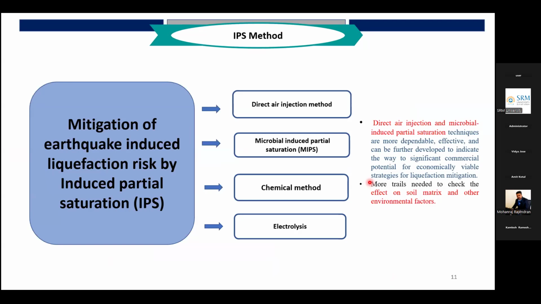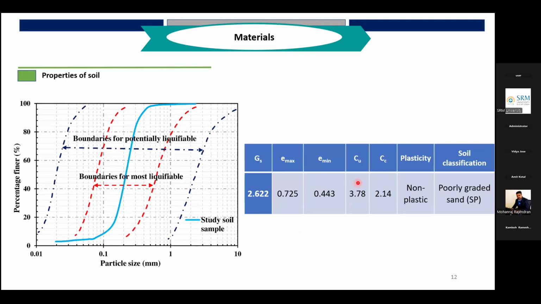Either you can do direct air injection, or microbial induced partial saturation, or you can use chemical methods to make air bubbles or gases inside the soil mass in such a way that part of the water is replaced, or you can go with the electrolysis process. For this particular study, we have taken direct air injection and microbial induced partial saturation. I'll try to emphasize these two methods in a detailed manner.